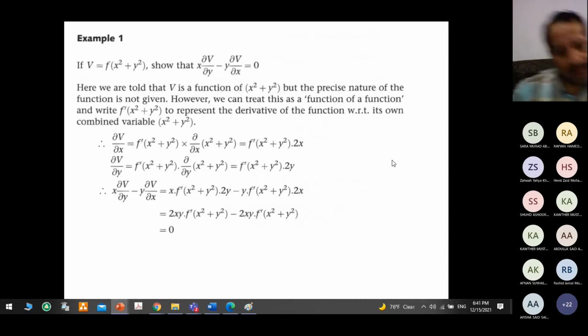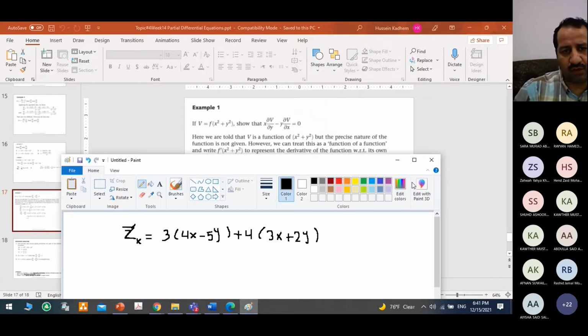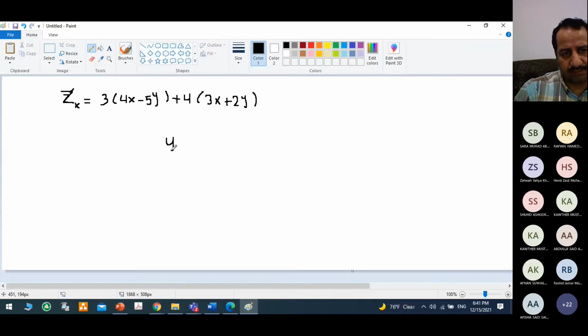This reminds me of what you studied in level 1, semester 1, function of a function. When you want to find dy over dx, where x is also a function containing variables, you define it to be dy over du, the intermediate function, times du over dx, because if I cancel this part with this part, we are back to dy over dx.